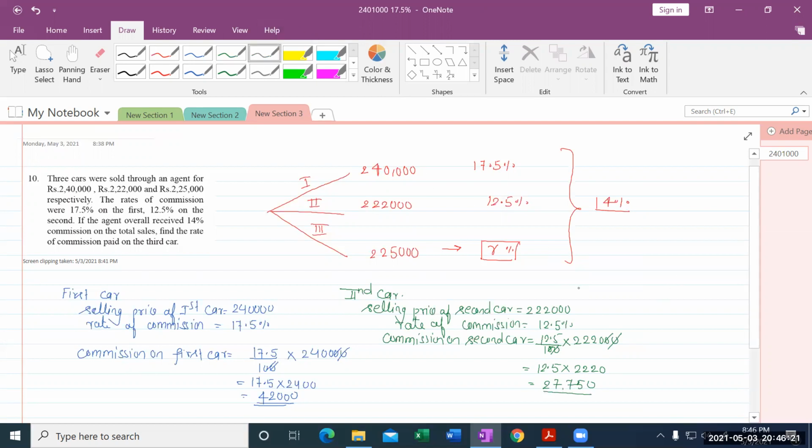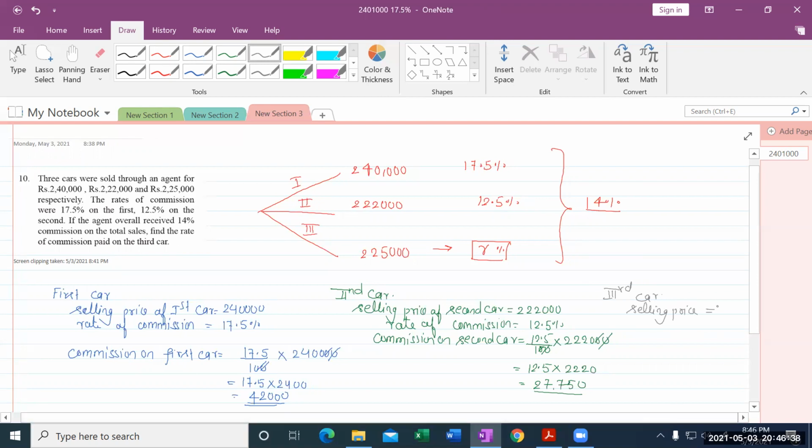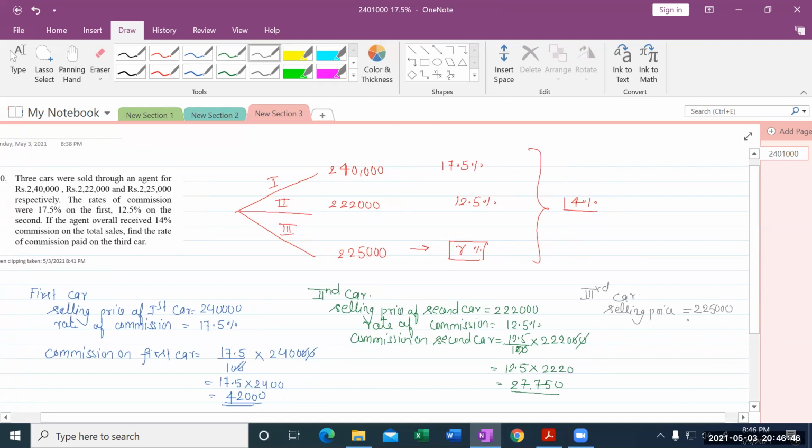Similarly, we'll do for the third car. So here I'm writing for the third car. Selling price, I'll take it as 2,25,000. Then let the rate of commission be R percent.